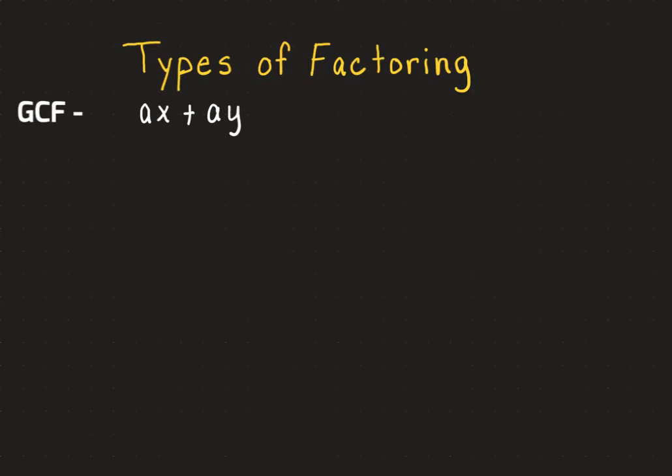So here's a very simple example. AX plus AY. If you factor out the A, which is a factor of each term, you are left with X plus Y. Here is a slightly more complex example.